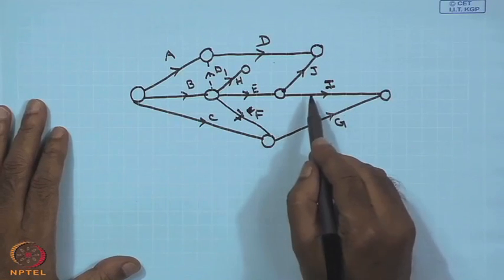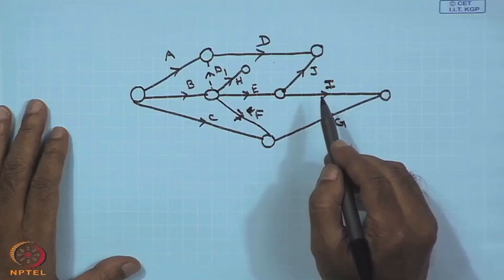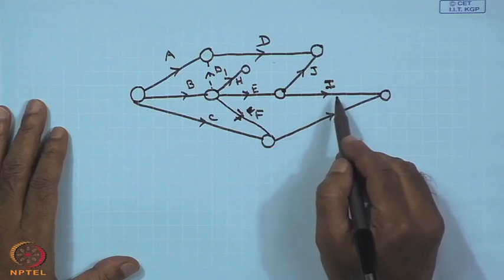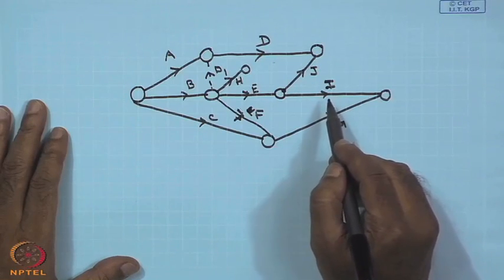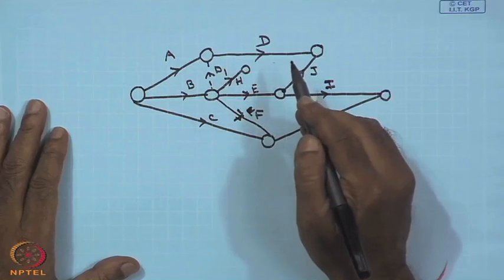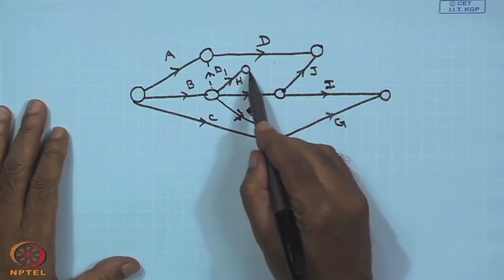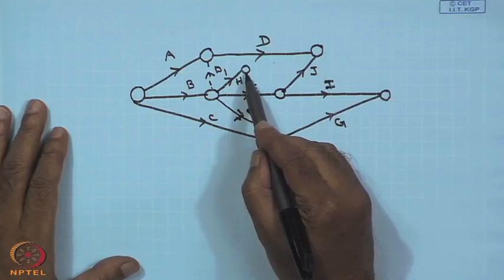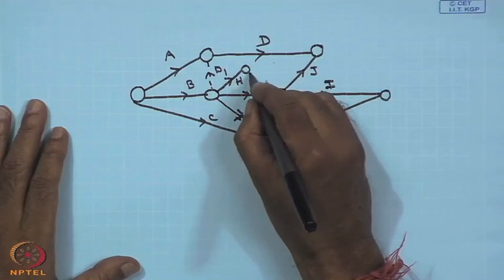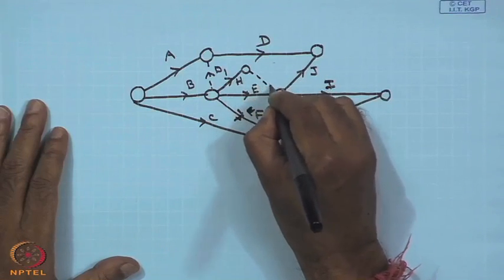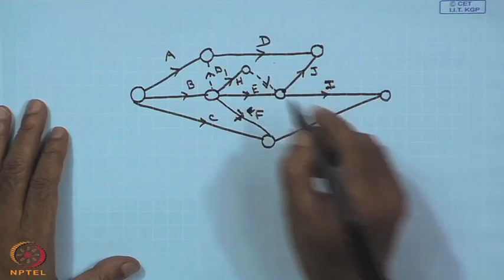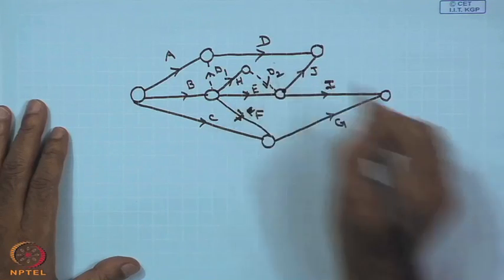What we have told is that E and H precedes I and J, but one problem is there. What is the problem? The problem is this E and H, but H is here. So, therefore, again I have to use one dummy activity at this position, which I am denoting as D2.